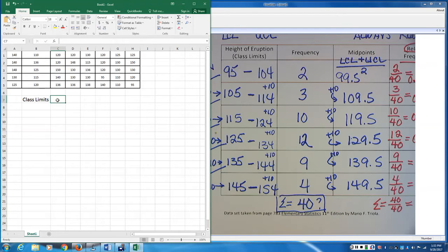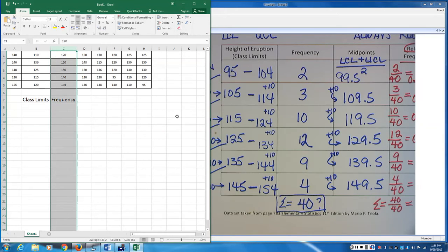And then in the cell right next to it, don't leave any spaces. Make sure that you widen that column so that it'll actually hold both words, class limits. And in the next one, we're going to type frequency, and spread that out too so that we can see the whole word.